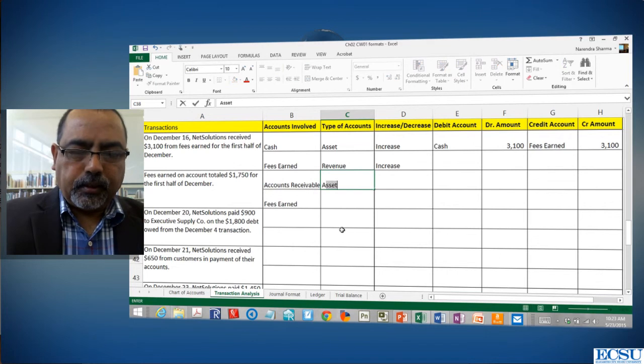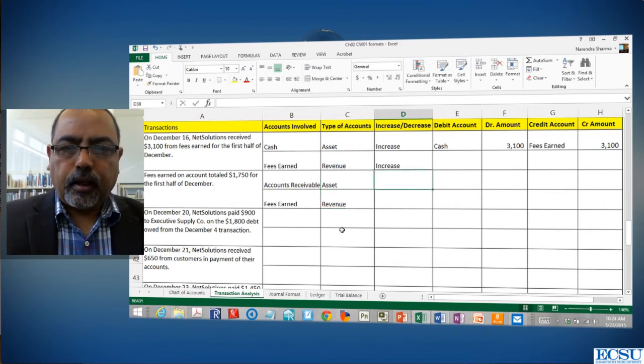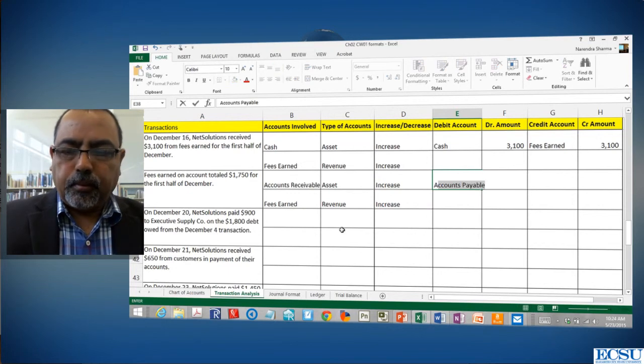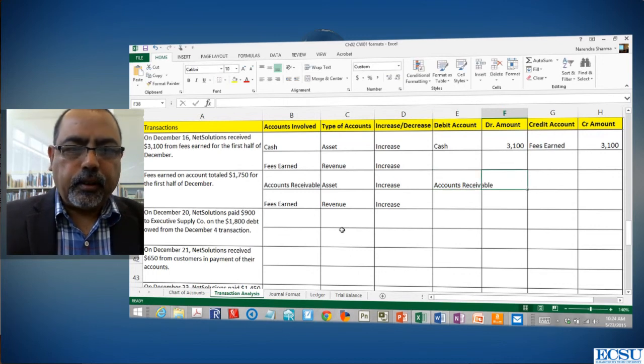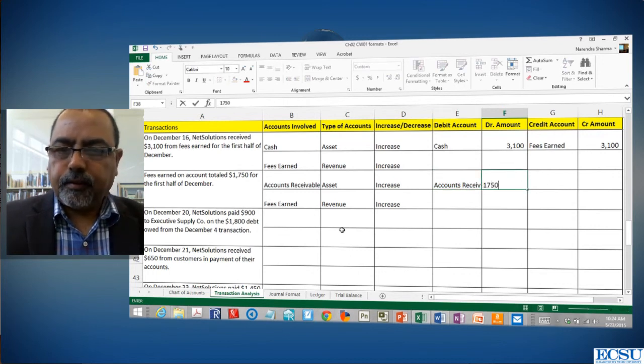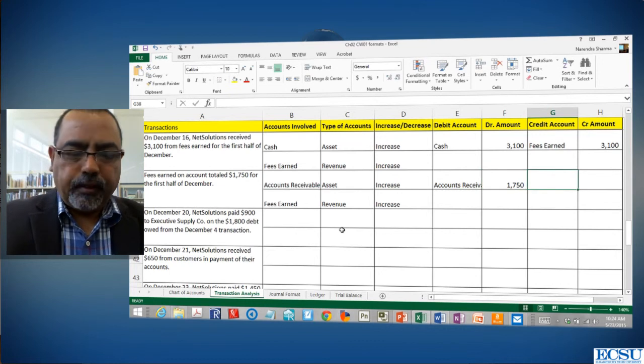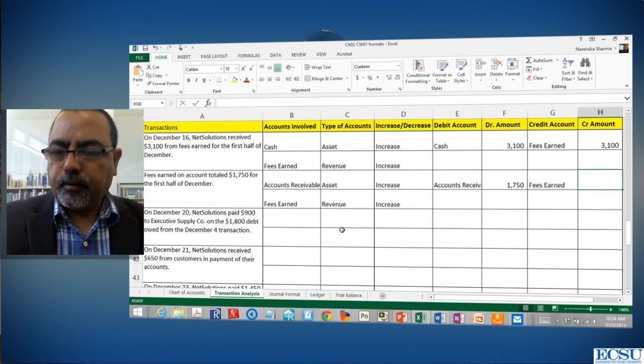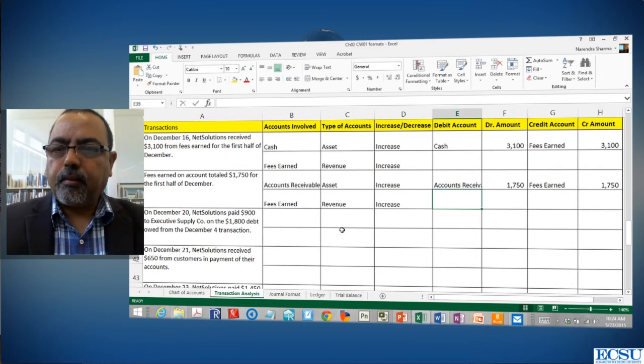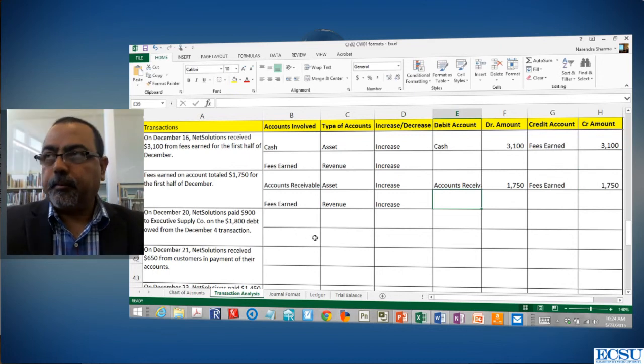Accounts receivable is an asset, fees earned is a revenue, asset is increase, revenue is also increase. Now accounts receivable would be debited with 1,750 and fees earned would be credited with 1,750. I'm applying the rule of debit and credit. Okay.